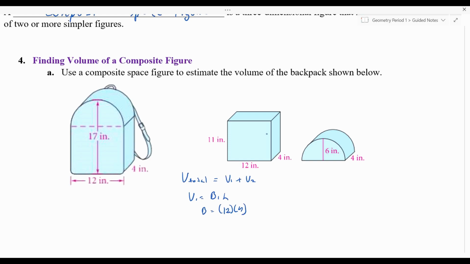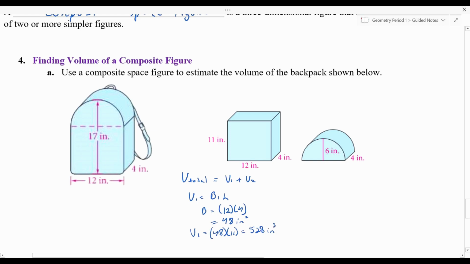So, now that we have this, 12 times 4 is 48, and our units are in inches, so it's inches squared. And then we can write that we have 48 times our height, and the height happens to be 11, and that gives me 528 cubic inches, right?